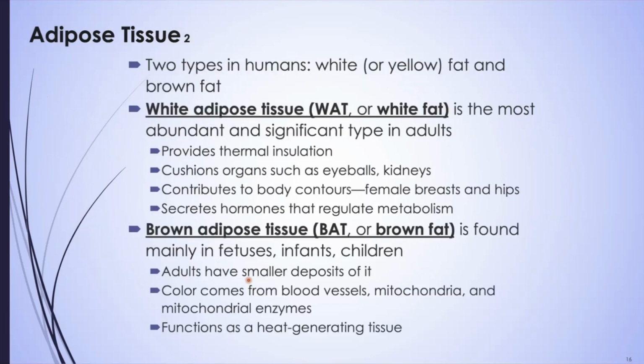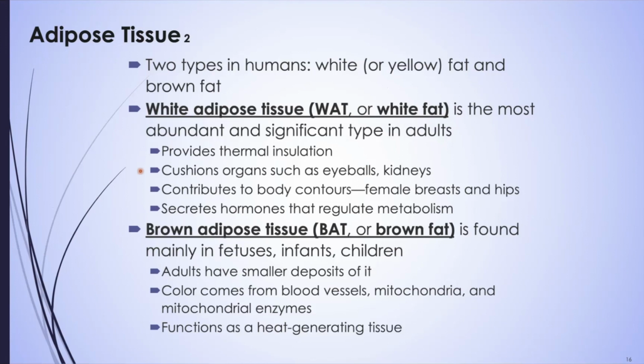So let's talk more about the differences between white adipose tissue, or white fat, and brown adipose tissue. Okay. The most abundant is going to be the white fat. That's the most abundant in adults. The function of that white fat is to provide thermal insulation, keeps us warm, right?